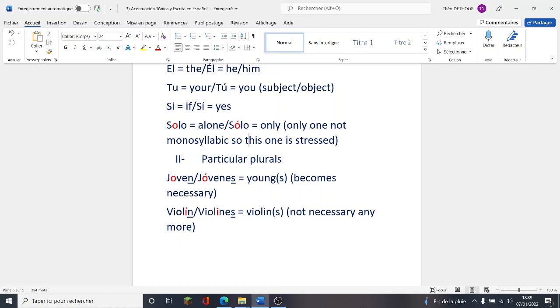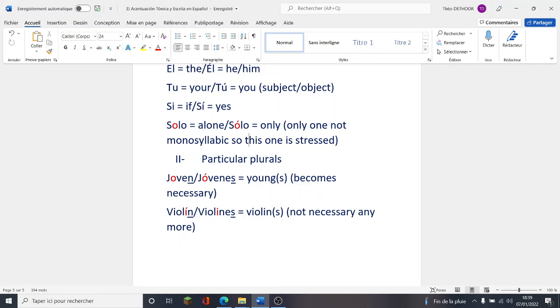So both words mean young in singular and youngs in plural, and obviously in plural form a written accent becomes necessary.